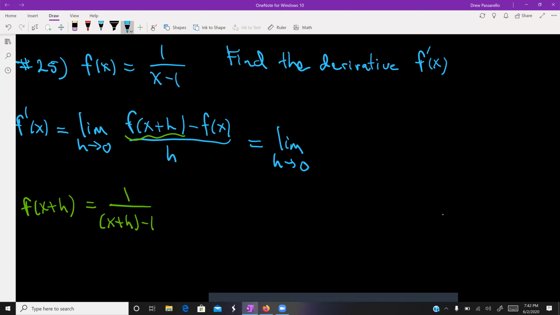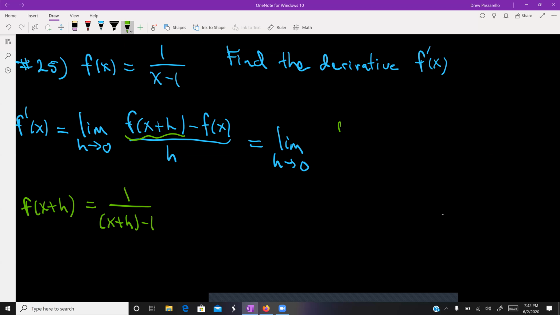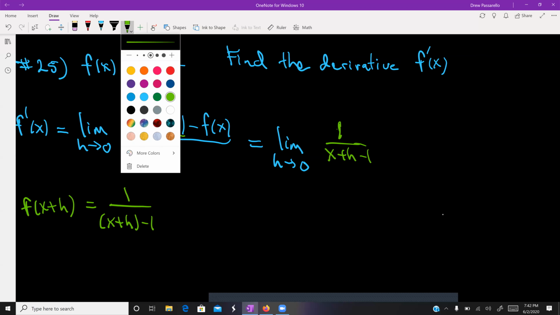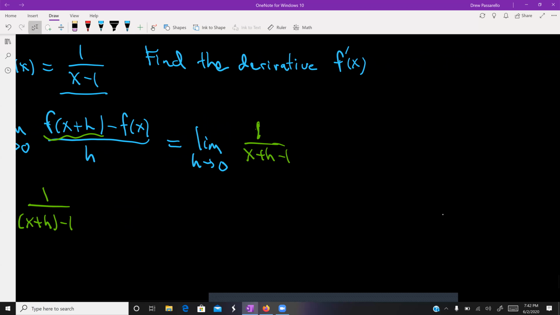So instead of f of x plus h, it's 1 over x plus h minus 1. And the other one, f of x, is 1 over x minus 1. And all of that's divided by h.